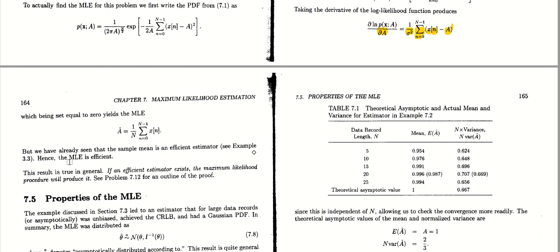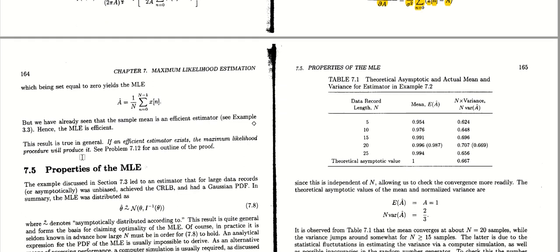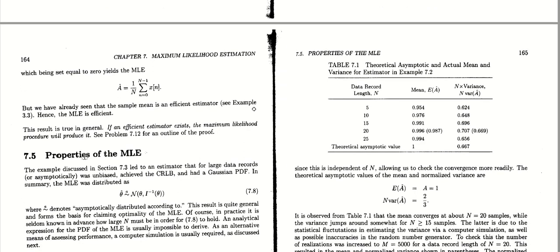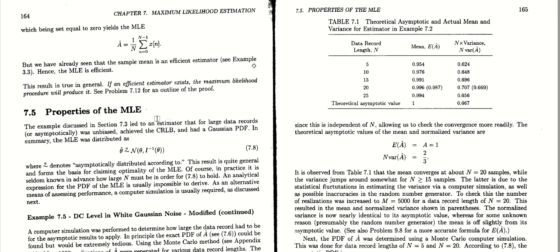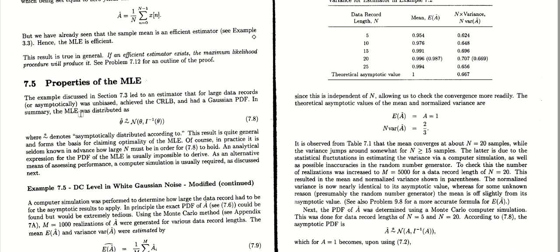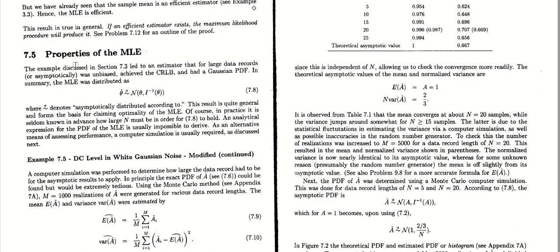So you now know that this is not only a trivial solution, it's an MLE, and it's the best one because it achieves the CRLB. So you know more than just a simple sample mean, right? You're supposed to know more than that. Okay, so now we turn to the properties of MLE.